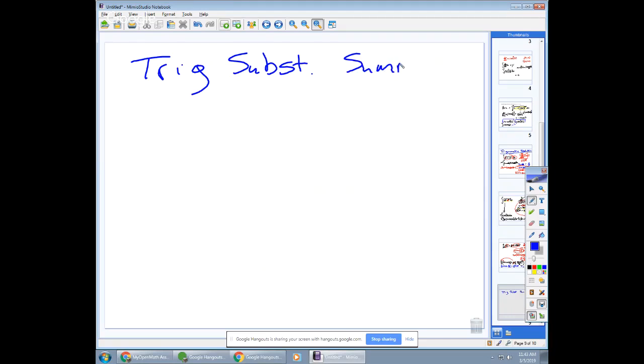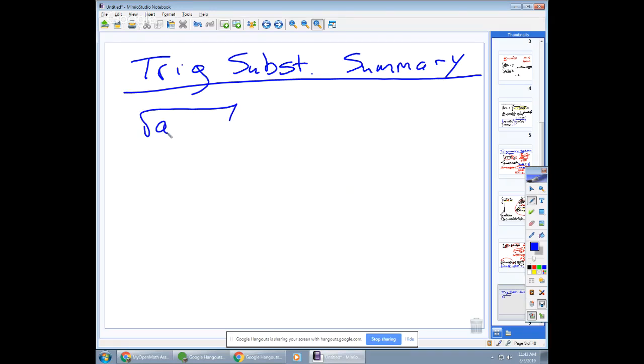Trig substitution summary. There's basically 3 cases. We just did the first case. The first case is if you have something that looks like some number a squared minus x squared. Triangle version of that, if you put theta here, a has to be the hypotenuse because you're subtracting from it. X is better off as the opposite side than the adjacent side, which puts the square root on the bottom.